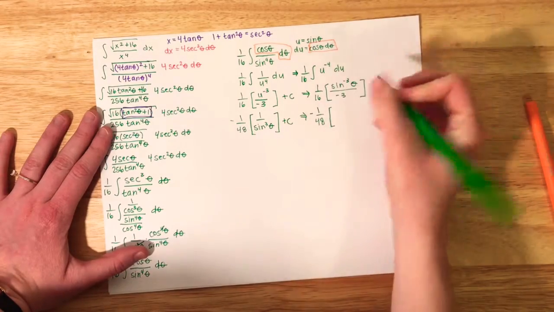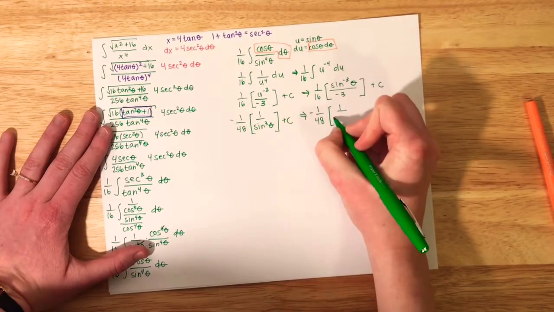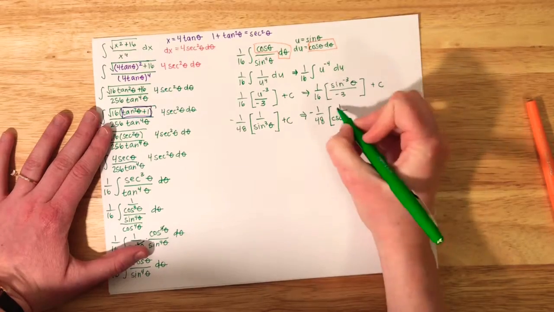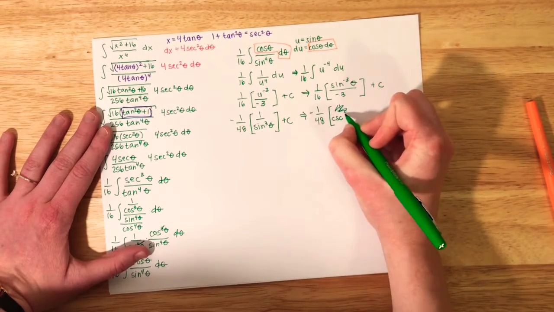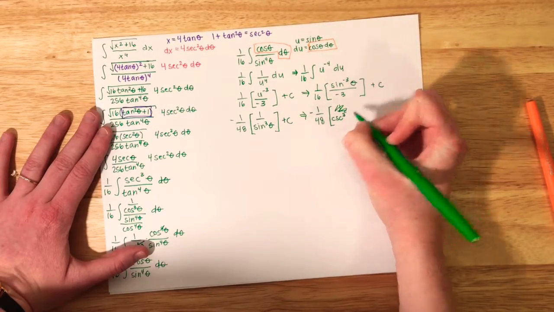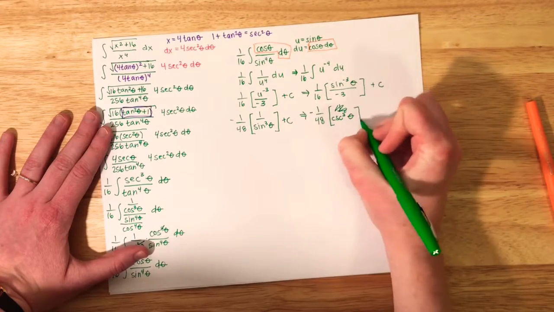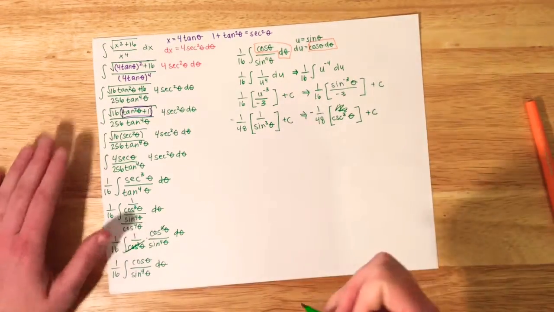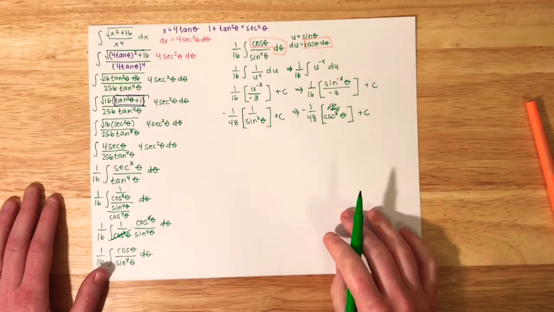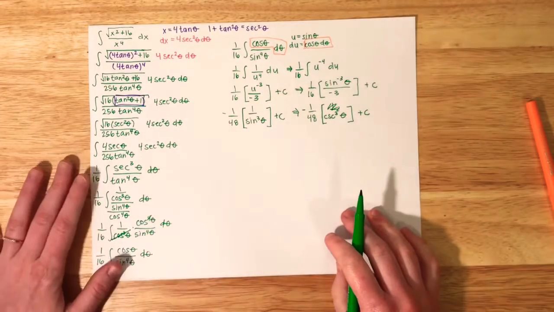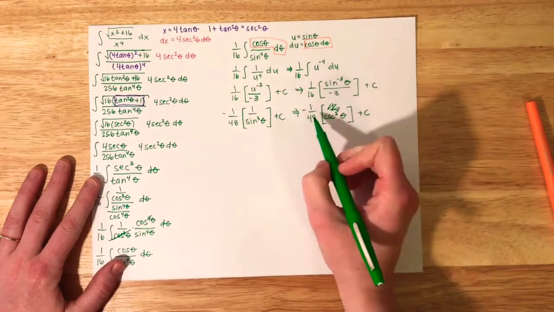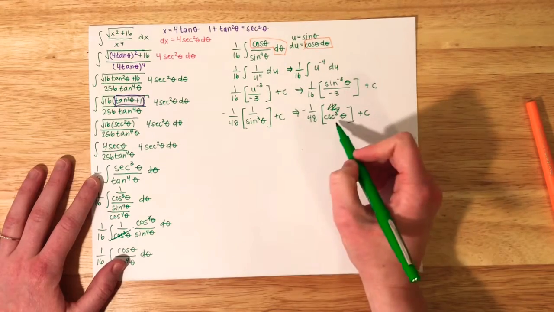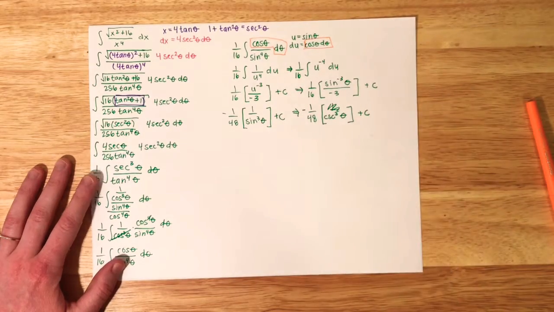So let's make that change. So we have 1 over cosecant cubed theta plus c. All right. So we have negative 1 over 48 times cosecant cubed theta plus c.